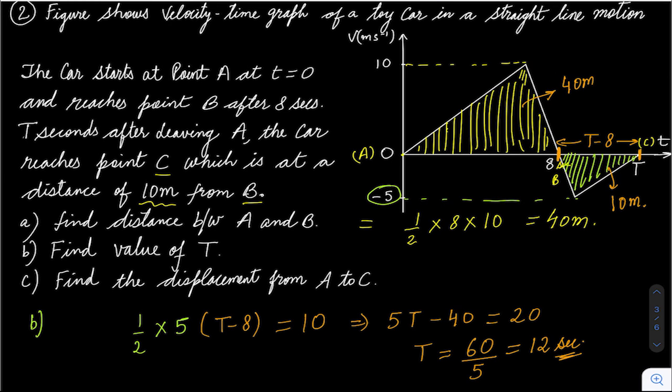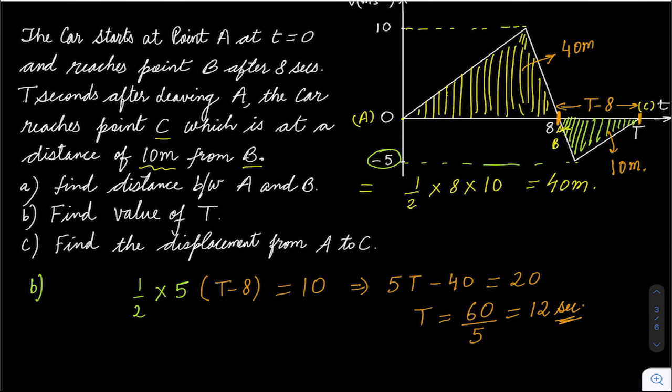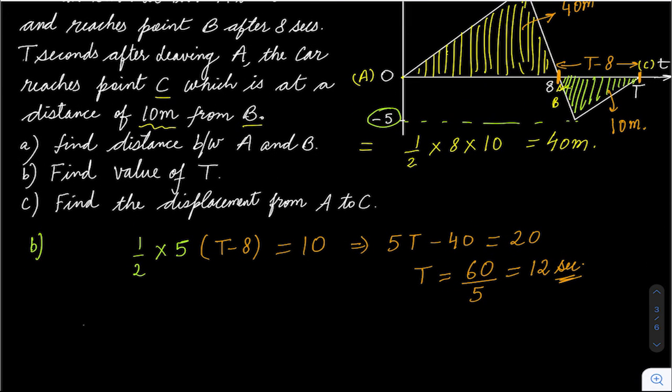So we will say 40 plus 10, that is the area, 50 meters. So that's the total distance traveled. So let me just write it. They are not asking this in this question, but we are just observing this. Total distance traveled will be 40 meter plus 10 meter. That is area of both the triangles.